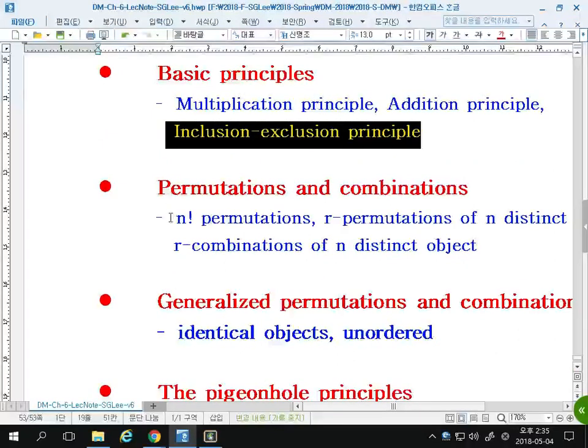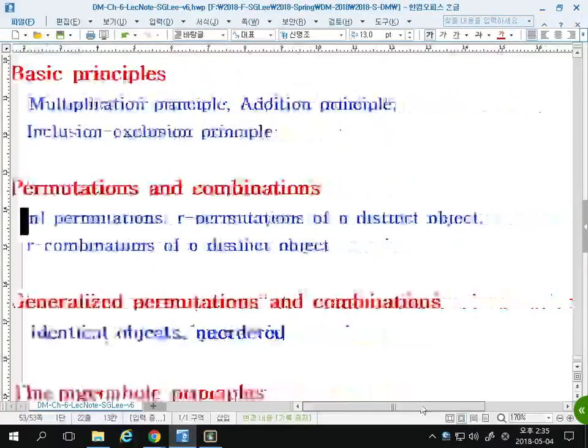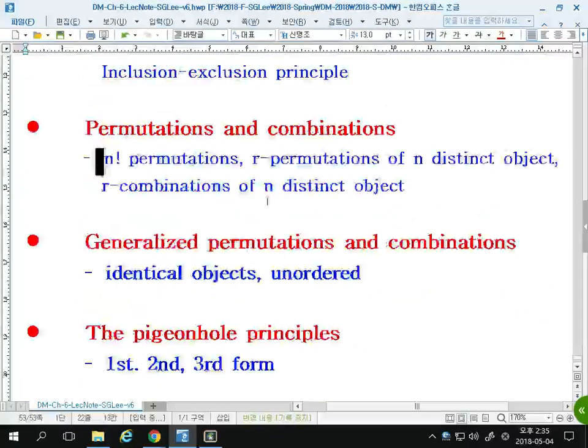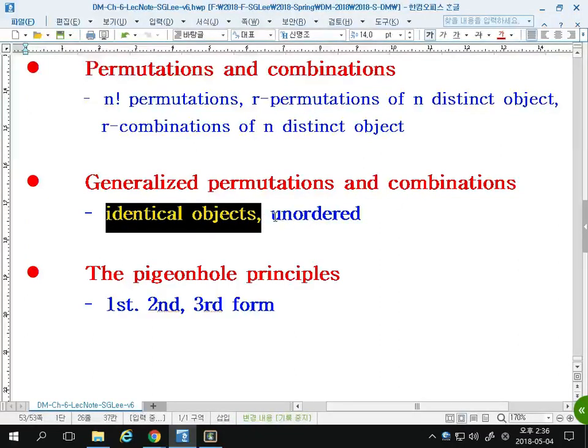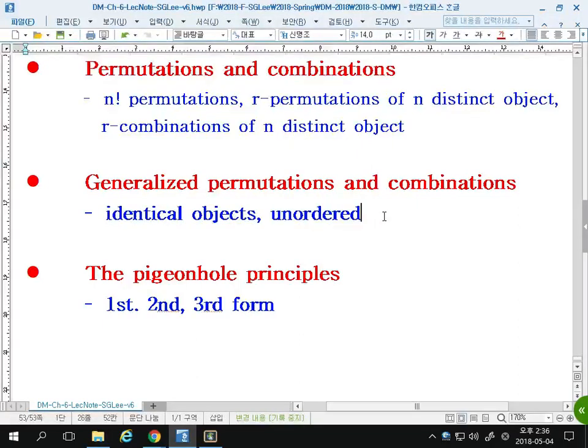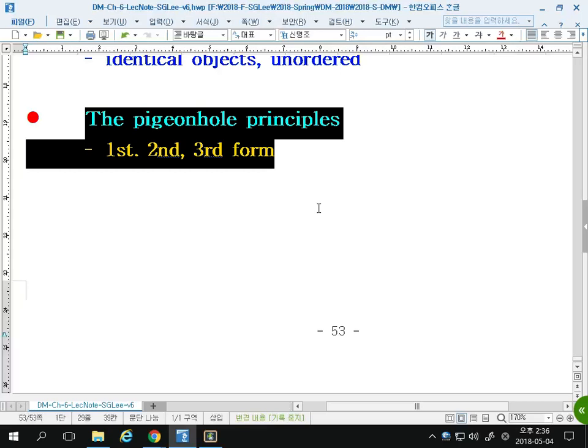And we learned r-permutations of n distinct objects, r-combinations of n distinct objects, and also with repetitions, and generalized permutations and combinations with identical objects and unordered conditions. And we have learned 3 types of pigeonhole principles. I think that's the whole chapter 6. Any questions?